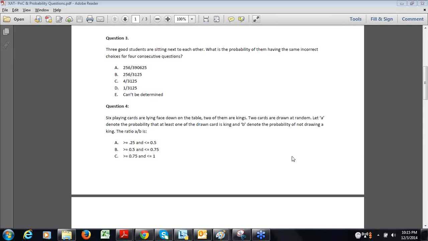Okay, so can the probability of selecting a wrong answer be calculated? No, we cannot calculate the probability of selecting a wrong answer.